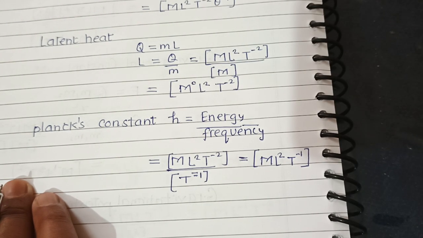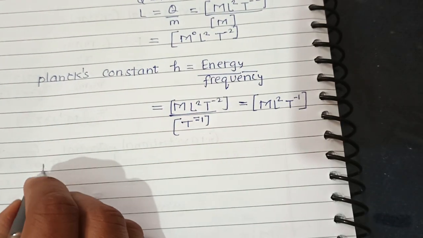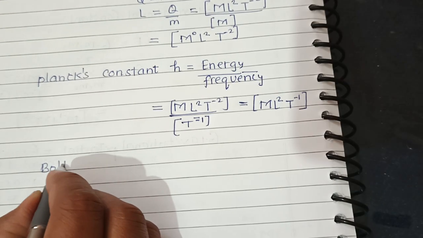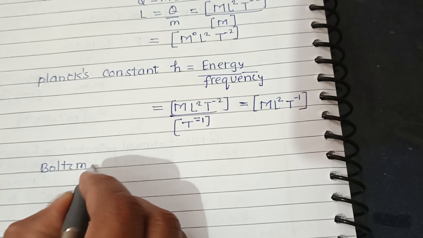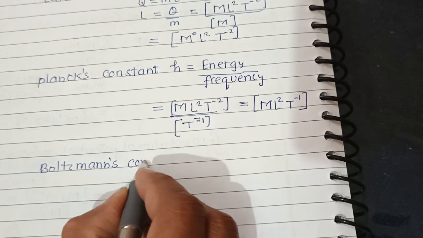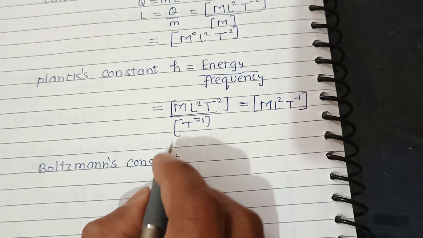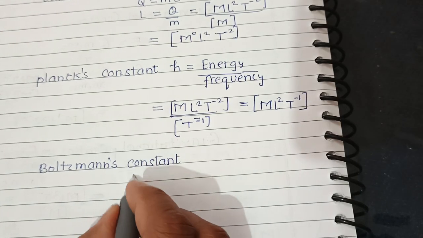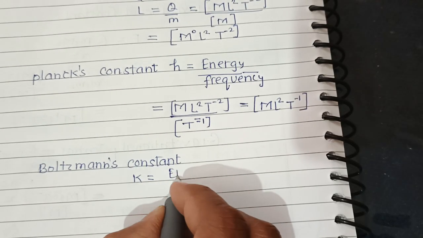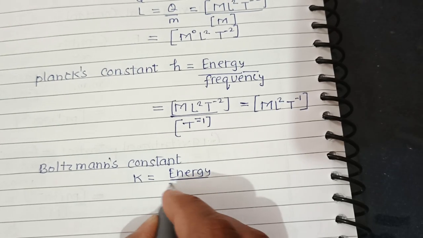Boltzmann constant. K is equal to energy upon temperature.